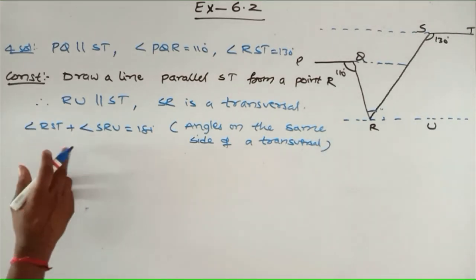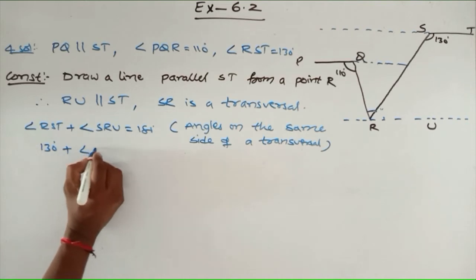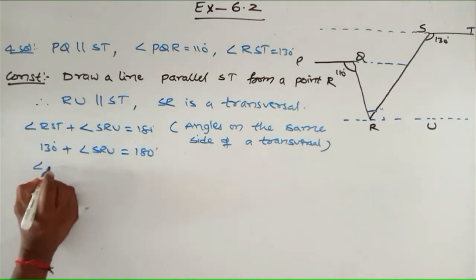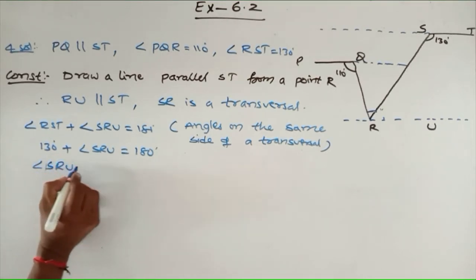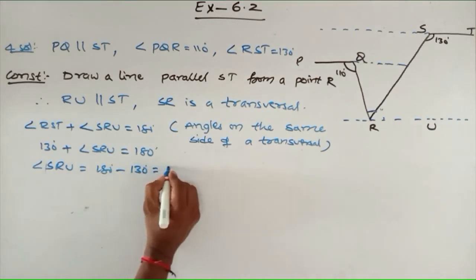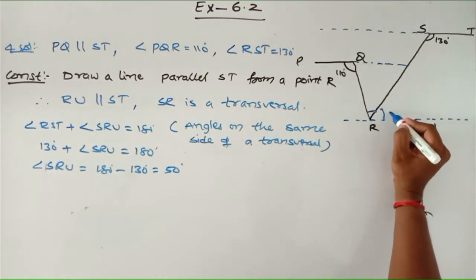So angle RST is 130 degrees plus angle SRU is equal to 180 degrees. Angle SRU is equal to 180 minus 130, which is 50 degrees.